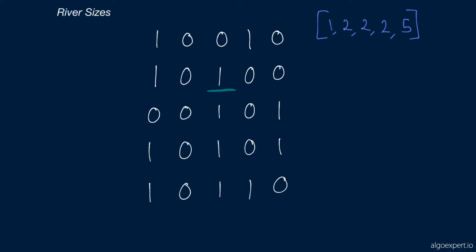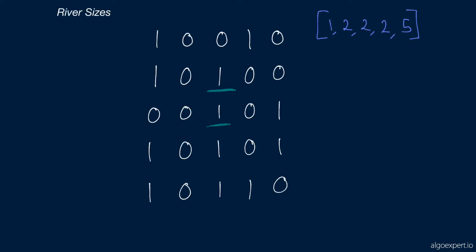When we were at the first one here, we explored above, to the right, to the left, and then below. And then we got here. And when we were at this one, we explored the left, the right, and below. But then I told you guys, forget about the top. Forget about the one above because we just explored it. But how do you know that you just explored it, right? How do you keep track of that?